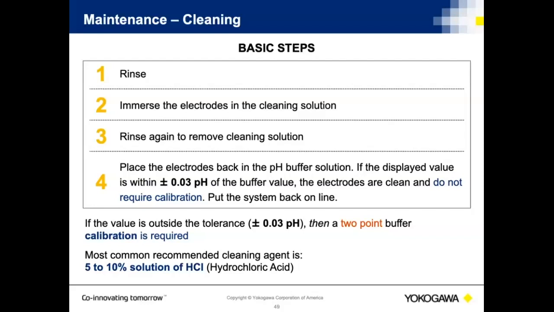Put them back into the system and just let it run. The reason I say I see people calibrate too often is when you calibrate too often, you have a tendency to hide problems that are starting to establish themselves with the pH electrodes.